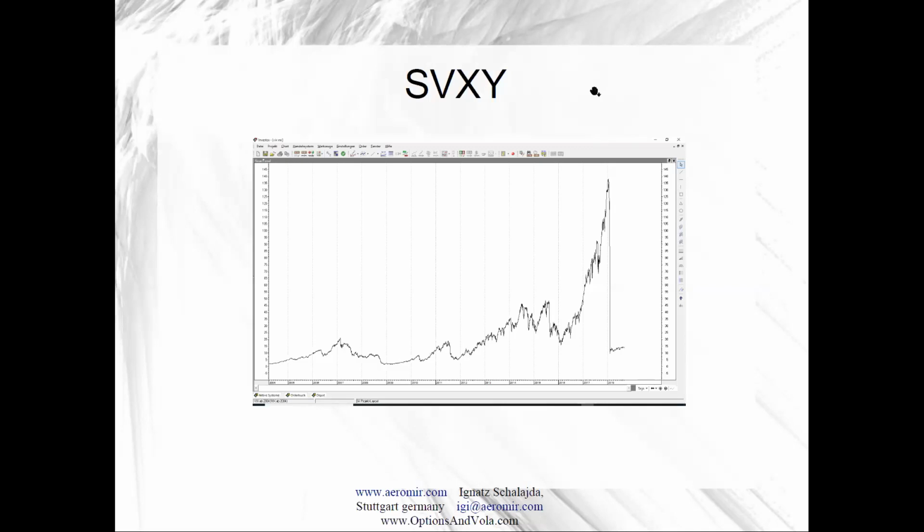It is possible that theoretically the SVXY can be negative, and that's why the bank which makes the ETN of SVXY said that if there will be an event when the VIX doubles in price in one day, they can take the SVXY out of business for a while, or completely knock it out, like the XIV, which was from Credit Suisse.